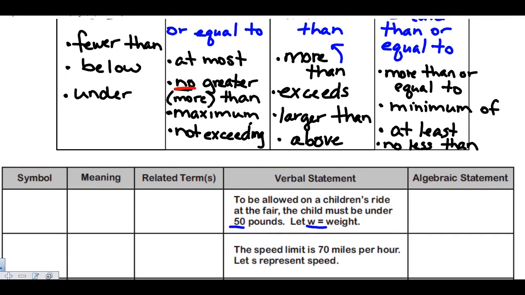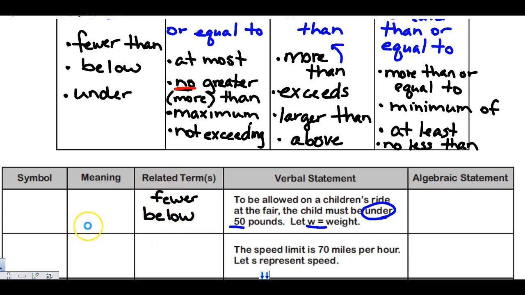So we go up in this bank, and what word do we see here that is a word in this bank? We see the keyword under. So instead of under, what could I say? Well, I could say fewer than 50 pounds. I could say below 50 pounds. So those are some replacement related terms.